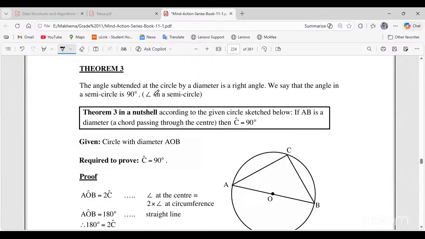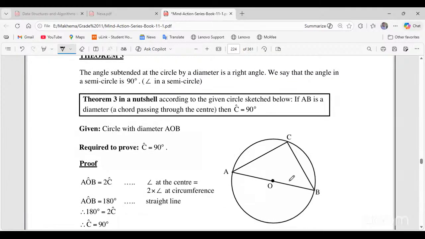Reason being, angle in a semicircle. Okay, now theorem 3. According to the given circle sketched below, if AB is the diameter, and there are some lines drawn there, AB and AC.